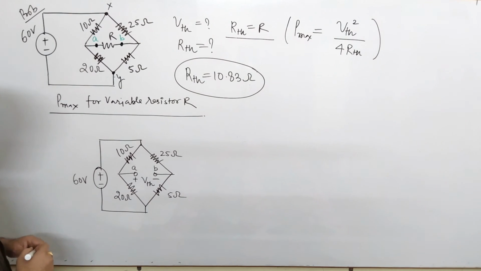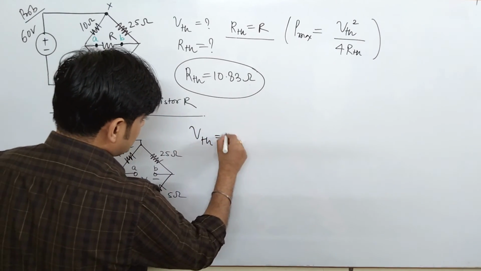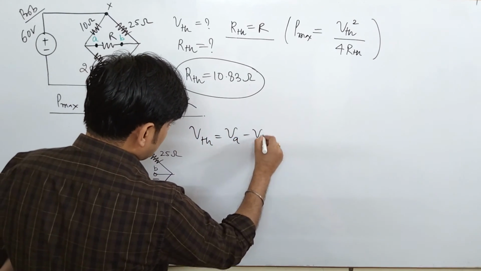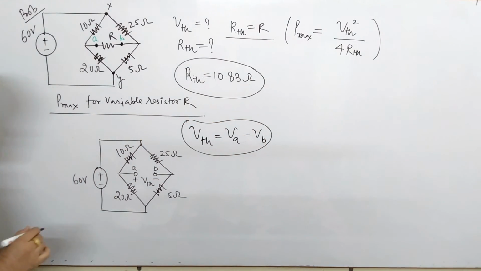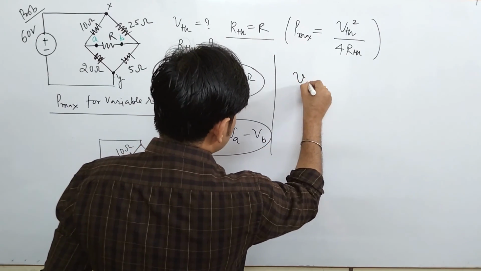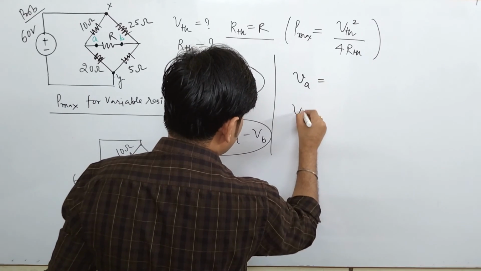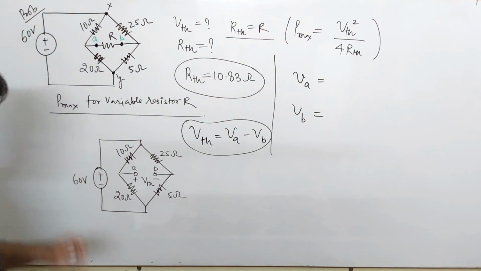VTH is basically the voltage difference of VA minus VB. Yes, very important thing. If you find the value of VA and VB, one can easily find the value of VTH. In my previous video, I mentioned how we find VA and VB, so we will directly find the value of VA and VB.